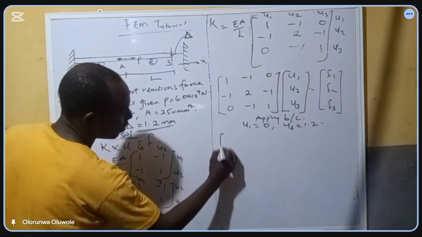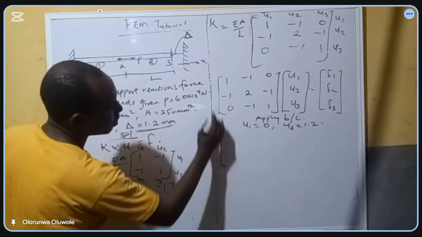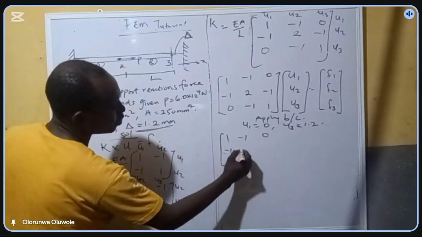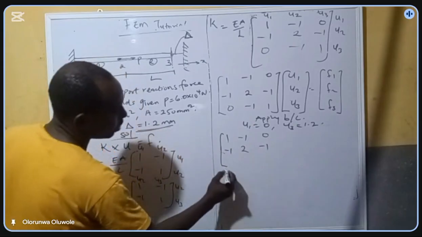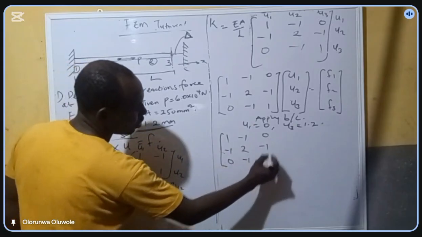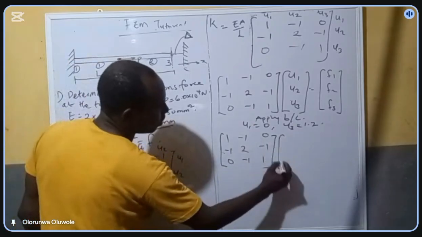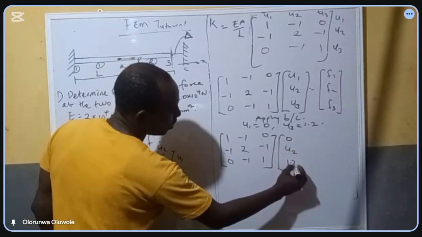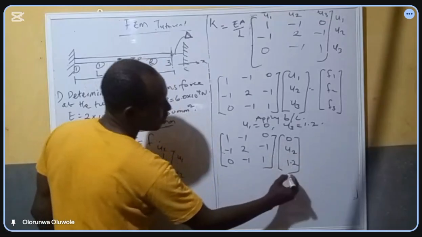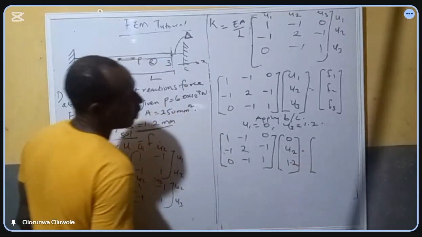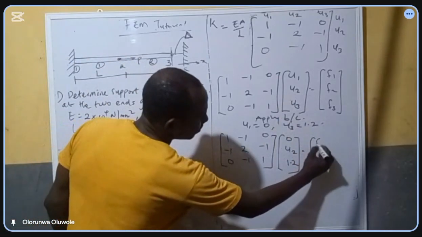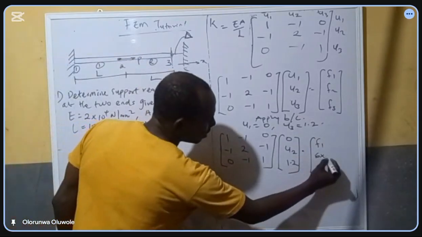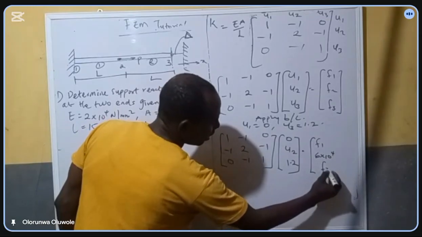Then you have the matrix [1, -1, 0; -1, 2, -1; 0, -1, 1], times 0, U2, 1.2, equals F1, F2, which is 6 times 10 to the power 4, then F3.